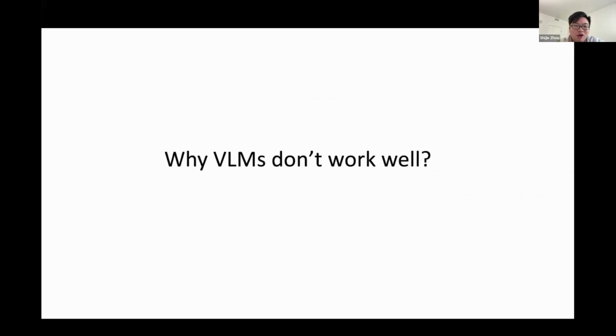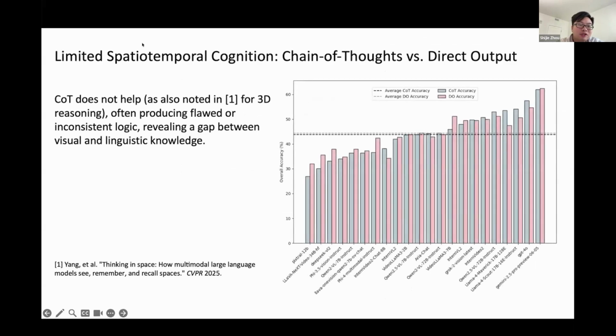So one question naturally comes up: why don't VLMs work well? The first thing we would like to consider is whether the reasoning process causes some problem here. So we do a simple experiment. We apply chain of thought on the reasoning of each question, and we compare it to the direct output.